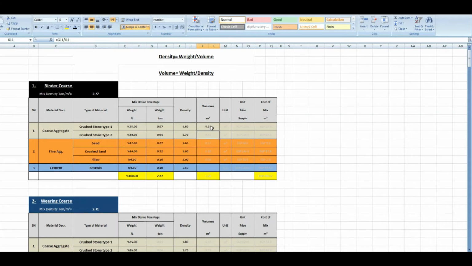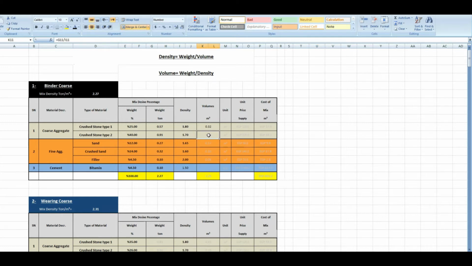This is 1.32 cubic meter. This list of density is just assumed, or you can say just an example, and it should be measured by the material engineer in the laboratory.